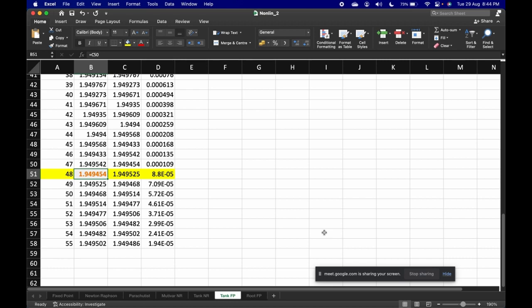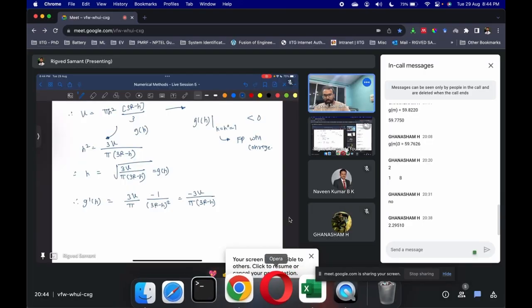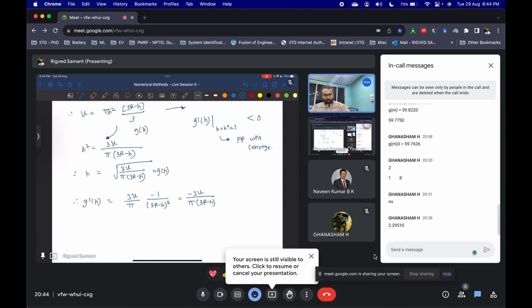So here what you will do is put the value of v, then you will get this 120 pi, so this will be minus 31.30.